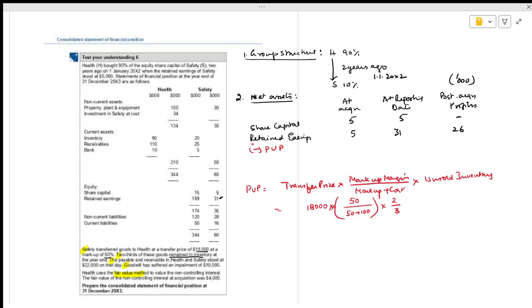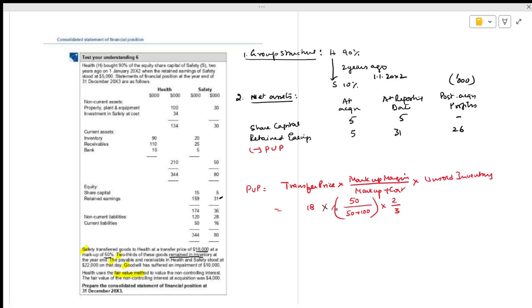Transfer price and markup margin divided by markup, because we want to know the unrealized profit. I have written 18,000, it is in thousands, so 18.